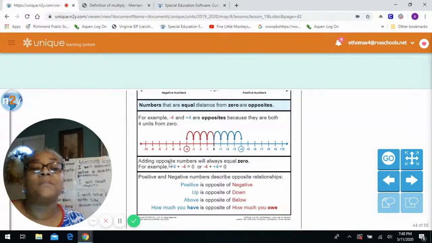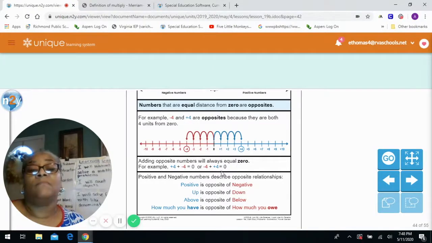Adding opposite numbers will always equal 0. For example, +4 plus -4 equals 0, because you're taking the same amount away. So if you take this away, 4, take that away, it's always 0 because they're opposites. So opposites are always 0, no matter the number.